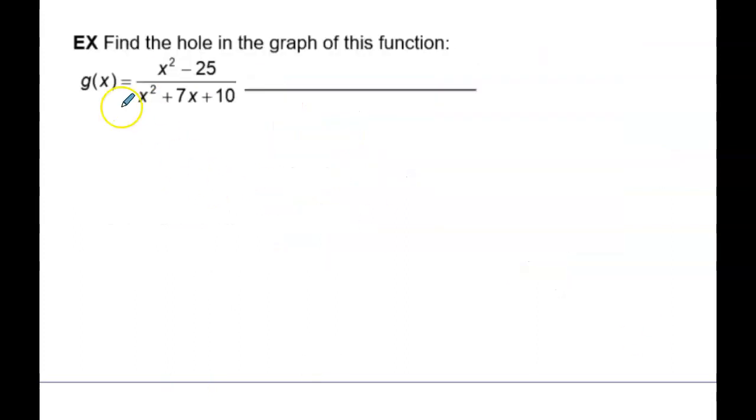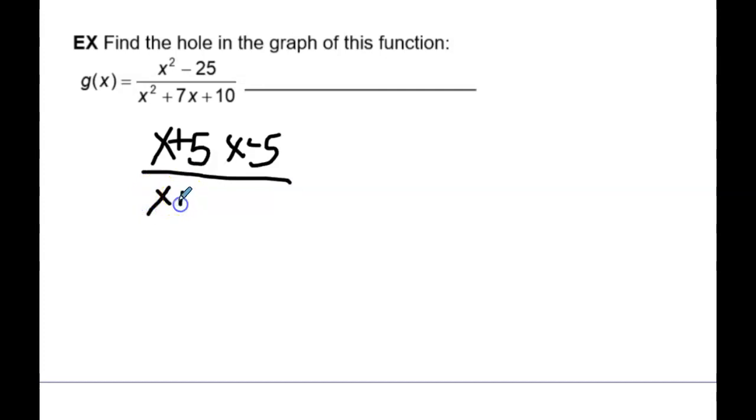All right, how do you find a hole? Yeah, if we factor this real fast, which means it's going to be real messy, the top is x plus 5, x minus 5. The bottom factors x plus 5, x plus 2.